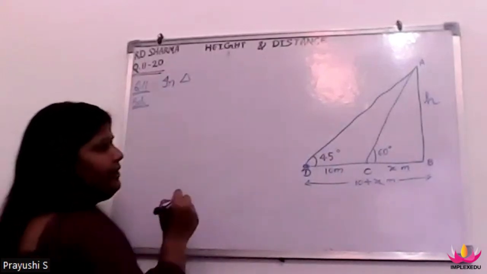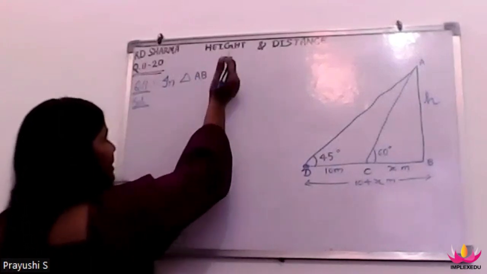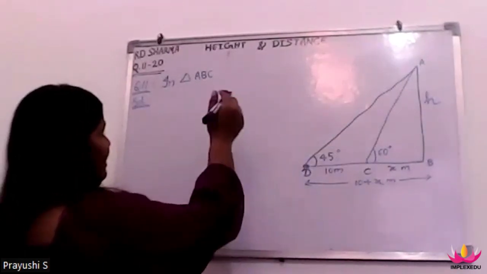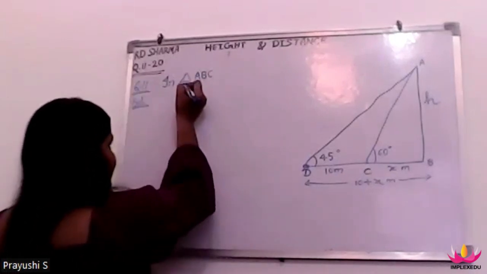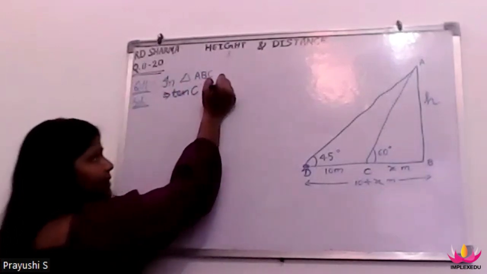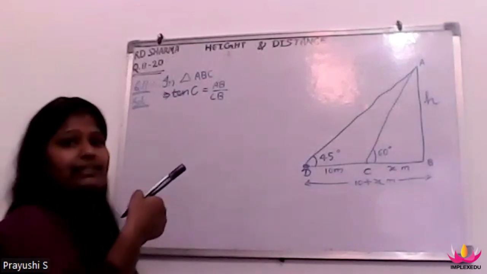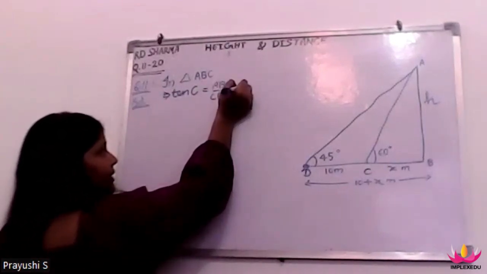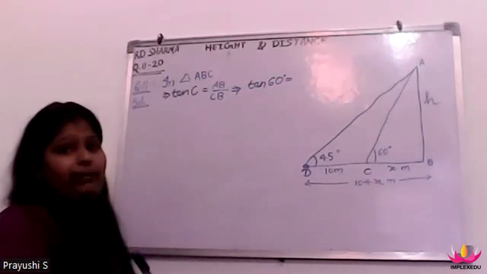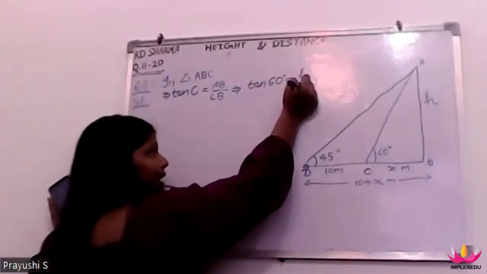In triangle ABC, tan C is equal to AB upon CB. The value of angle C is 60 degrees, so we write tan 60 degrees is equal to AB, which is h, upon BC, which is x.